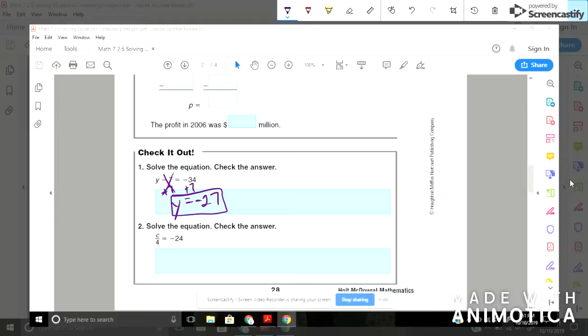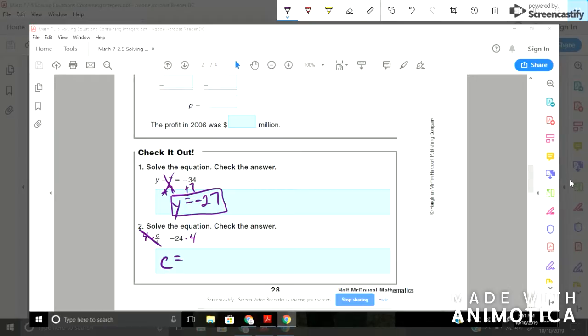And the last one, again, what is being done to my variable? Well, it's being divided by 4. So the opposite would be to multiply by 4 on both sides of my equation. Again, you learned before that multiplying by 4 and dividing by 4 are opposites. They cancel out to get 1c equals, I have different signs.